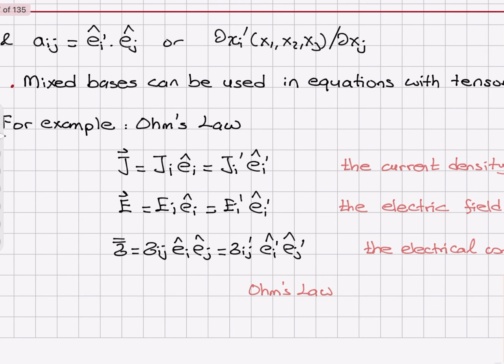And then we have Ohm's law, which says that the J vector is equal to the sigma tensor dot product with the electric field.